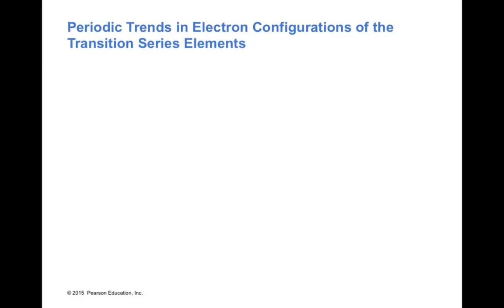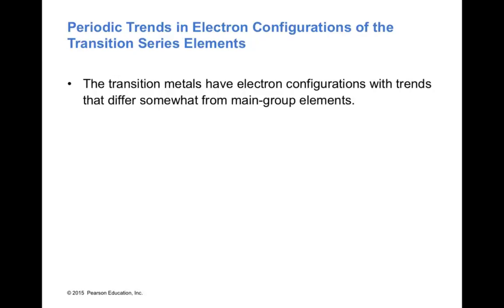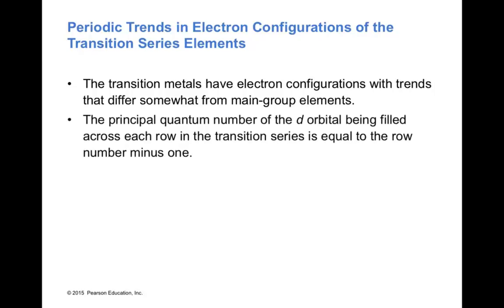The periodic trends in the electronic configuration of the transition series elements. The transition metals have electron configurations with trends that differ somewhat from main group elements. The principal quantum number of the d orbitals being filled across each row in the transition series is equal to the row number minus 1.